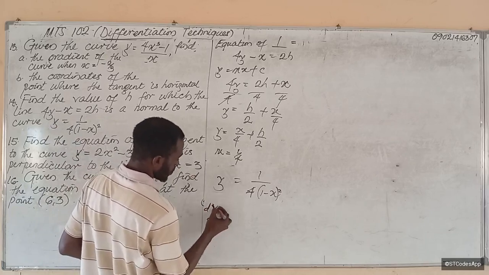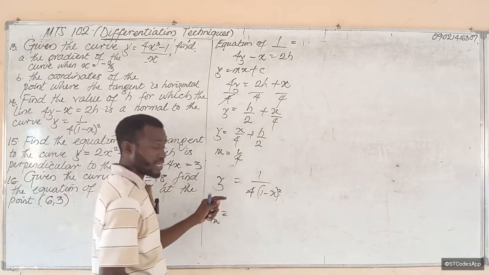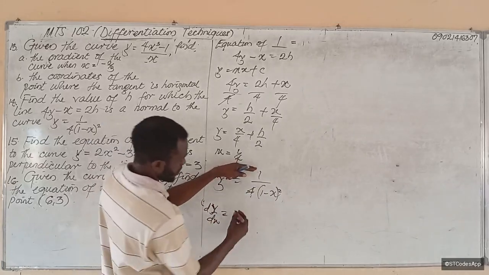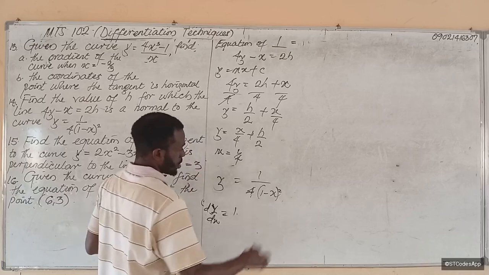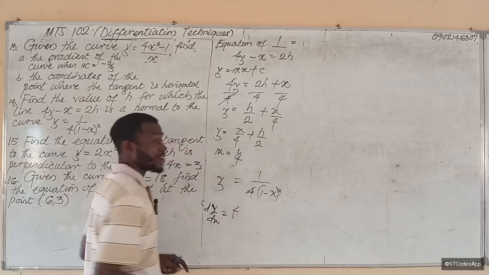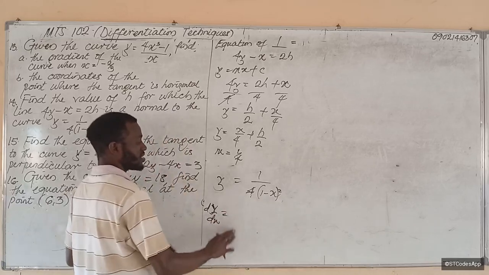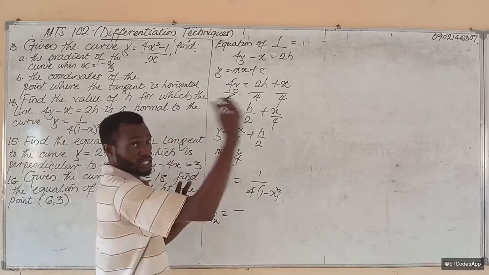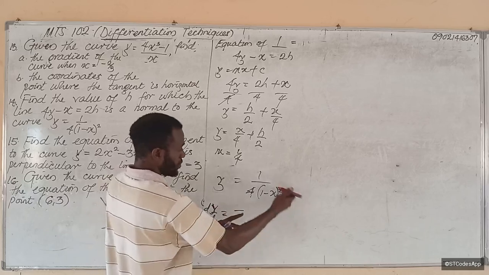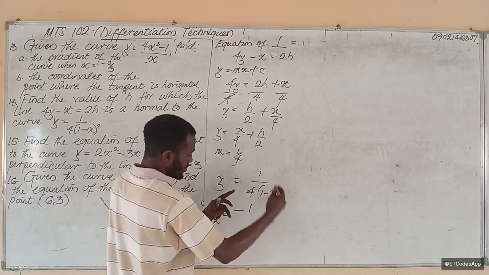Now, if I hold the bottom and differentiate the top, I'll get 0. So it means that I'll just have minus, which is the other part of it. So that will be minus, holding the top and differentiating the bottom.